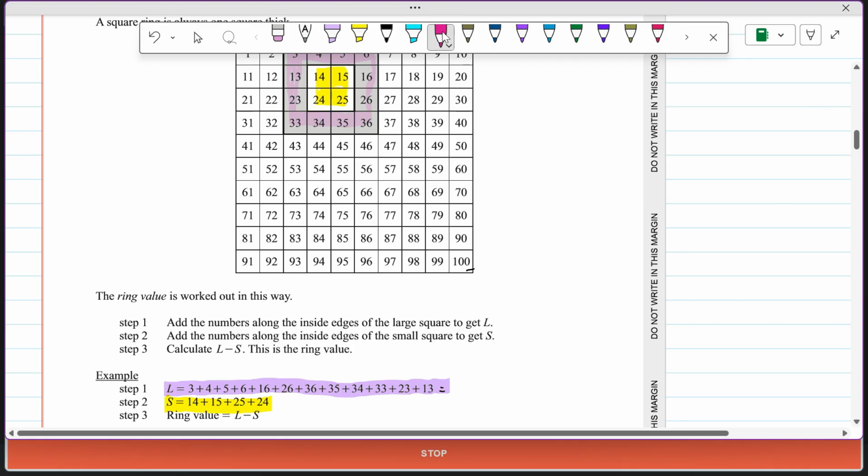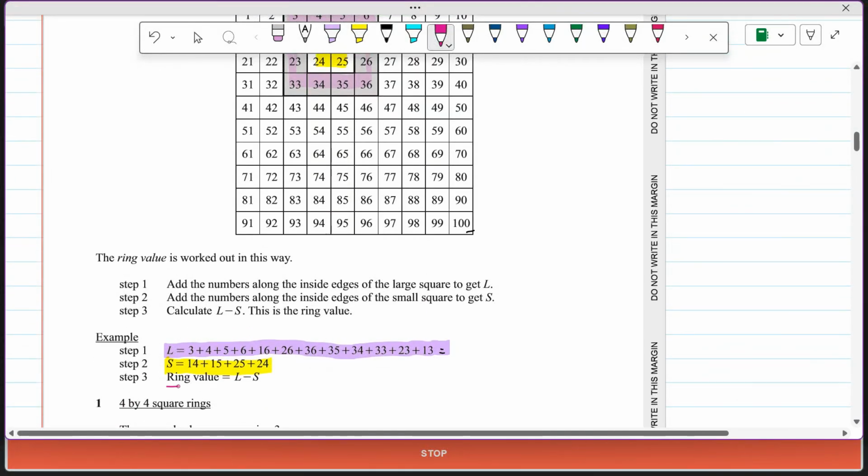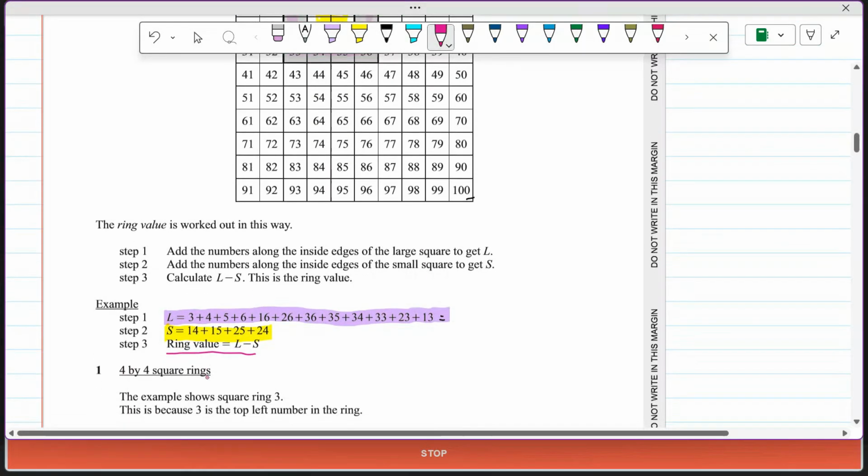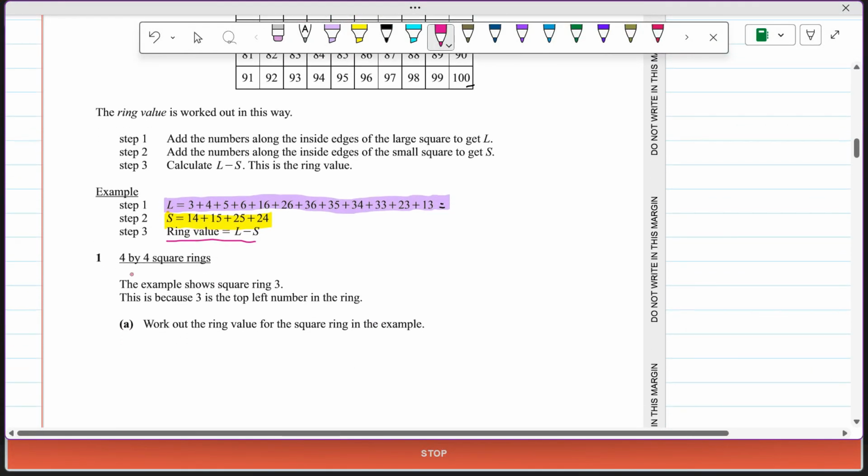After finding L and S, we will plug them into the ring value formula, which is L minus S.